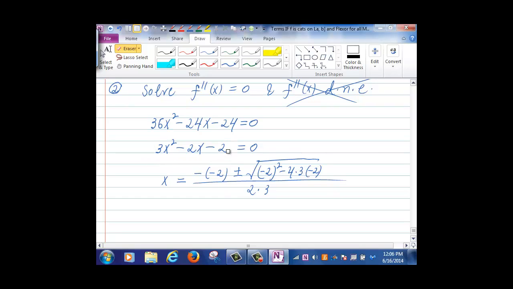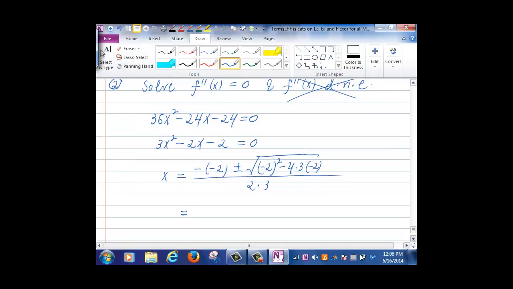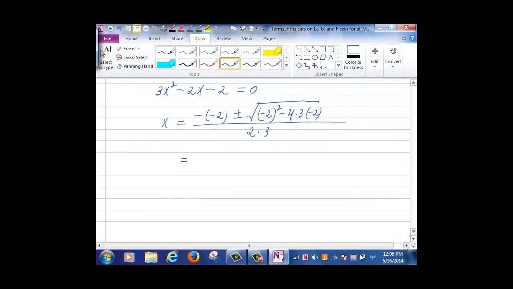Okay. We have to simplify this, and what we would get is 2 plus or minus root of 28, divided by 6, and that's the same as 1 plus or minus... let me keep that 2, sorry.